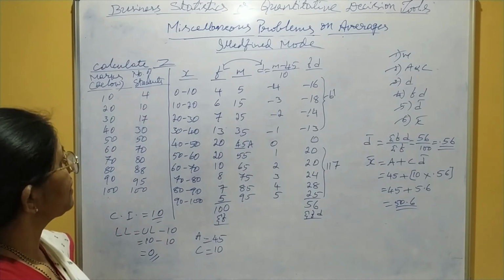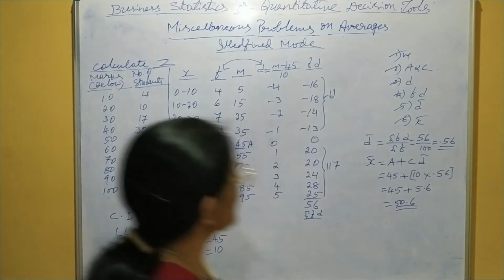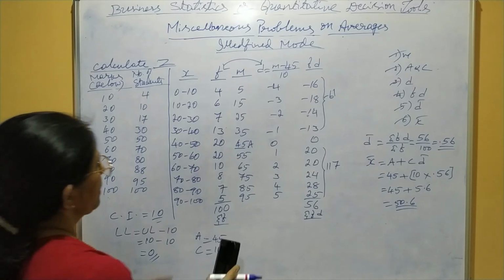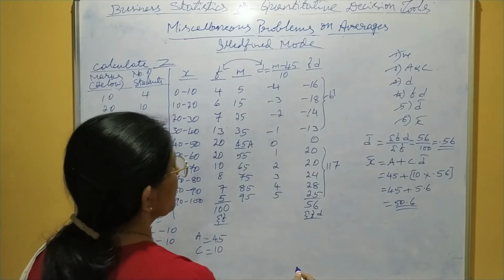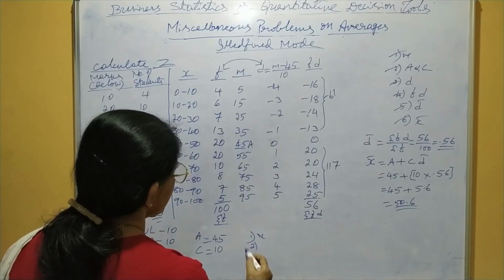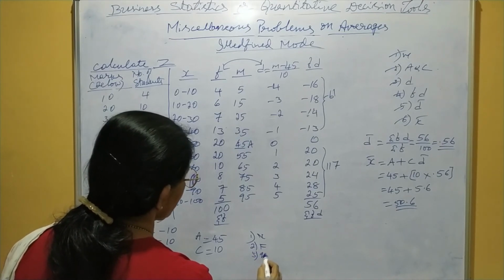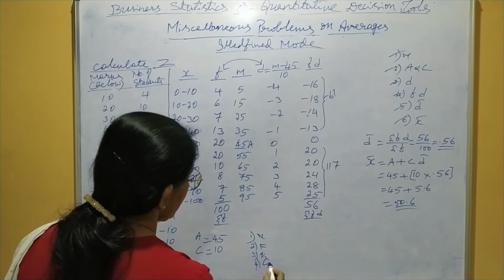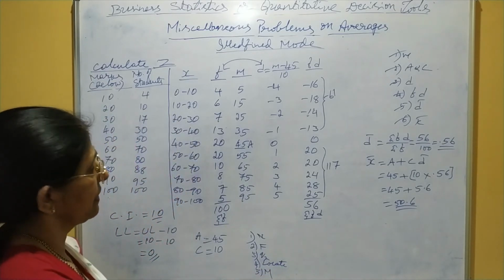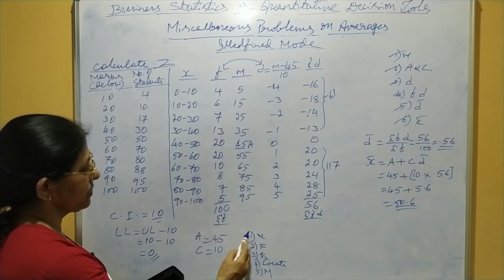Next, another one we have to calculate is M, the median. To find the median, the first step is N, second step is cumulative frequency, third one Q2, fourth one locate Q2 to get the median class, and fifth one is the median. N means sigma F, that is over.